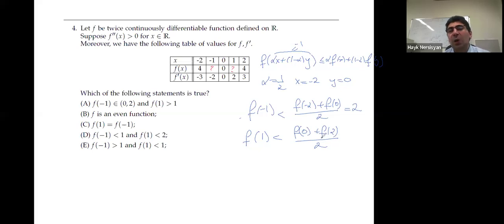Similarly, we can say that f(1) is smaller than f(0) plus f(2) divided by 2. Why so? Because once again, concavity means the same inequality, where x we are choosing 0, y we are choosing 2. In between we have point 1. The value of the function at 1 is smaller or equal than this.